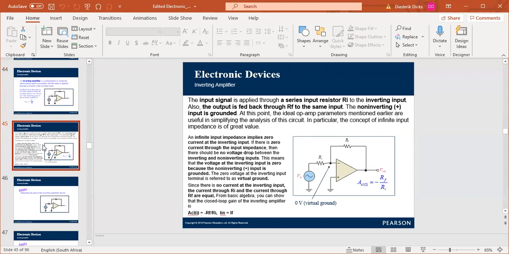In slide number 45, the input signal is applied through a series input resistor, Ri, to the inverting input. Also, the output is fed back through Rf to the same input. The non-inverting positive input is grounded. At this point, the ideal op-amp parameters mentioned earlier are useful in simplifying and analyzing the circuit. In particular, the concept of infinite input impedance is of great value here, because an infinite input impedance implies 0 current at the inverting input.